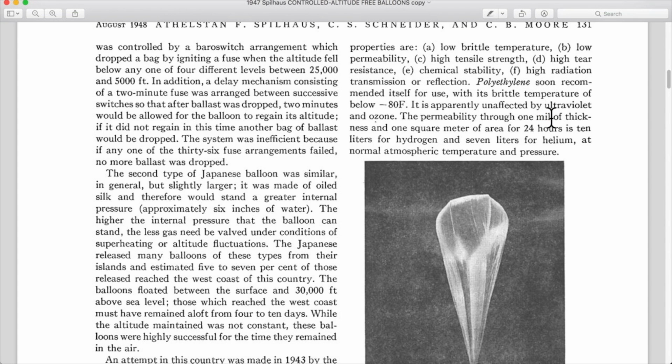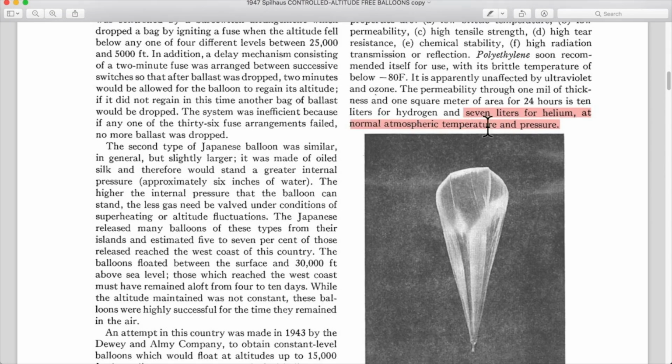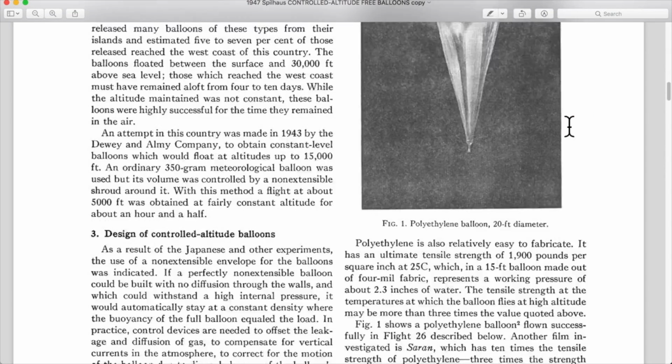It is what it is. So 1 mil of thickness, that's 1/1000th of an inch, and 1 square meter of area for 24 hours is 10 liters for hydrogen and 7 liters for helium at normal atmospheric temperature and pressure. 10 liters and 7 liters for 24 hours seems pretty high to my recollection, but maybe they had crappy plastic.